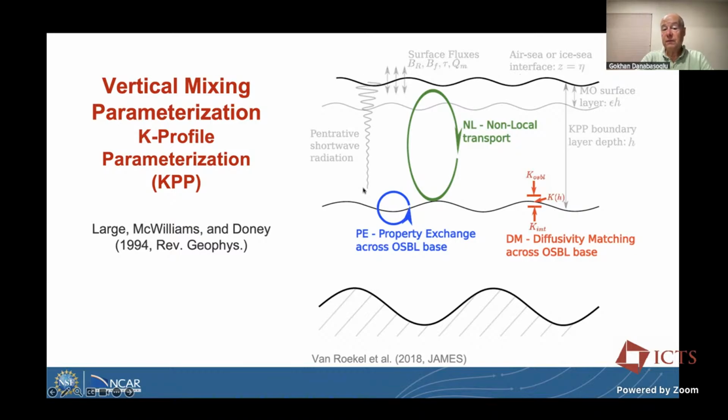There's penetrative shortwave going on here. And then within the ocean interior, and I'll show you those, we have additional components of vertical mixing. So the idea is to somehow merge what's happening within the boundary layer with the ocean interior and to create a smooth diffusivity.